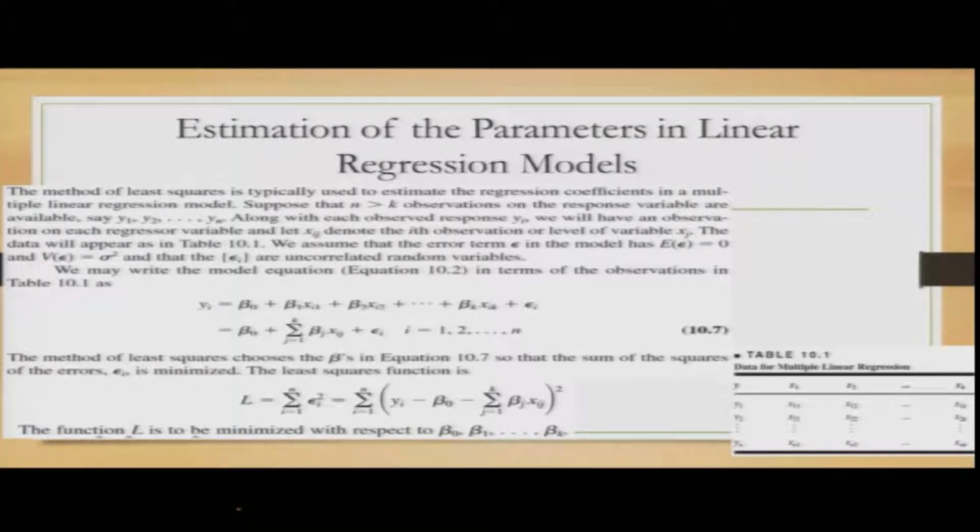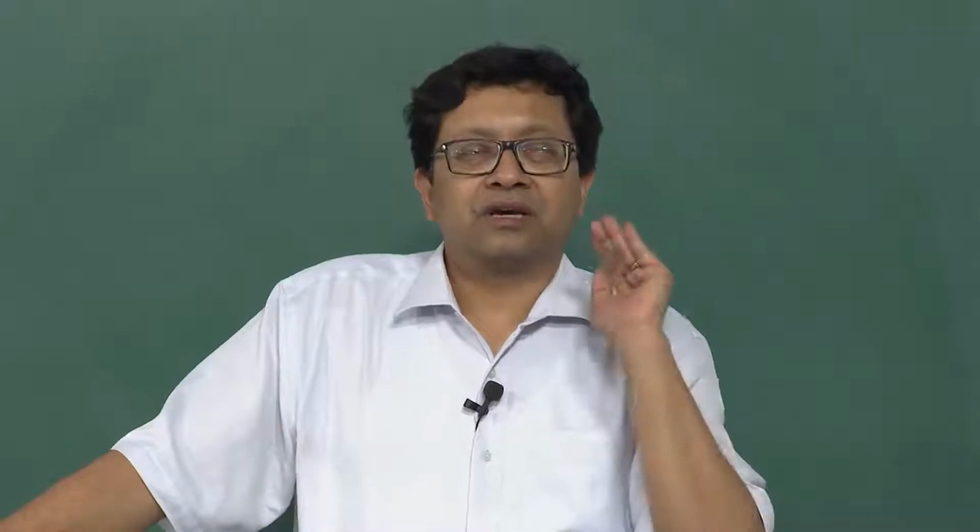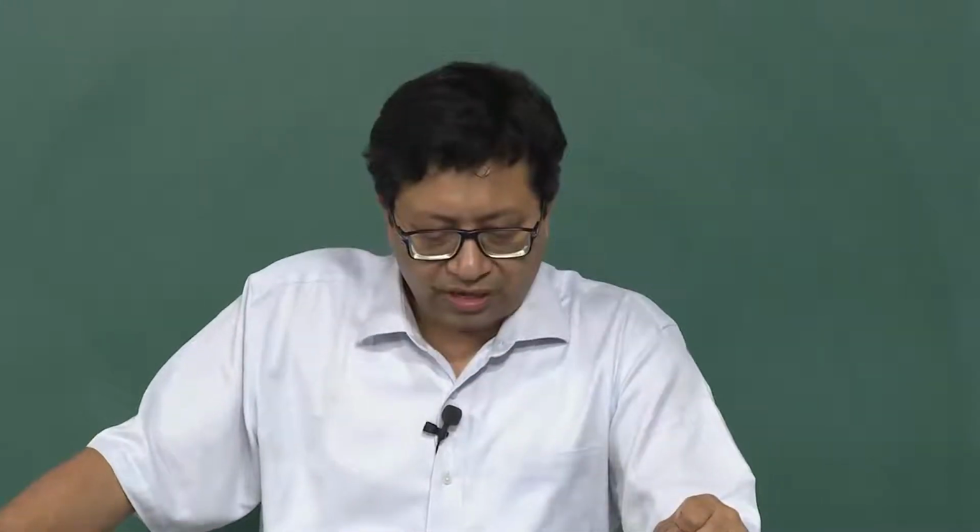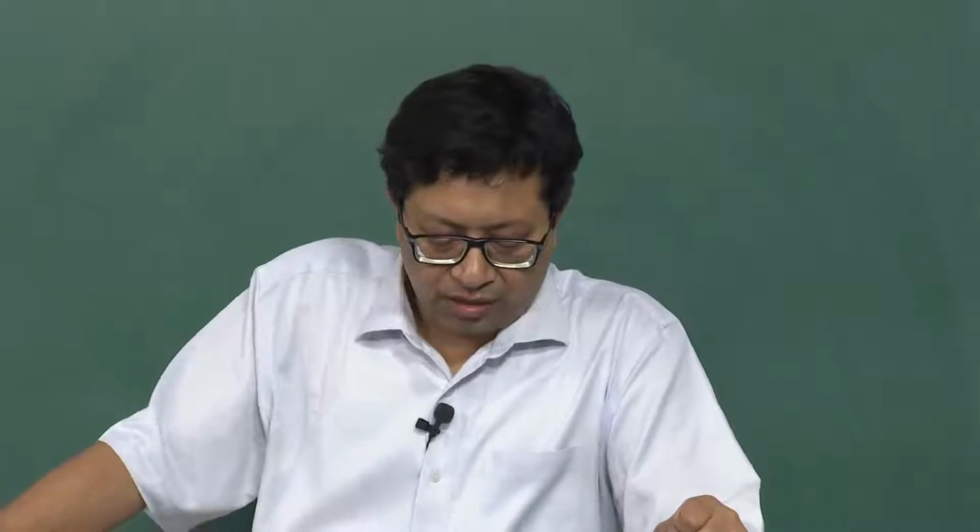We assume that the error term epsilon in the model is such that the expected value is 0. If you remember, I mentioned that a few minutes back, in the last to last slide. And the variance, as I also mentioned, is fixed, and the covariance between two errors is 0, and the variance is given here as sigma square.